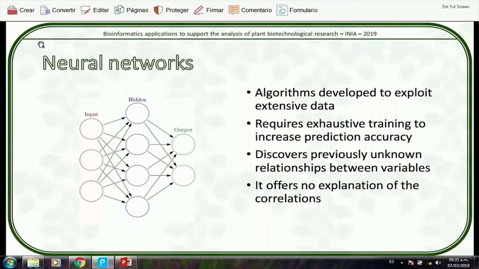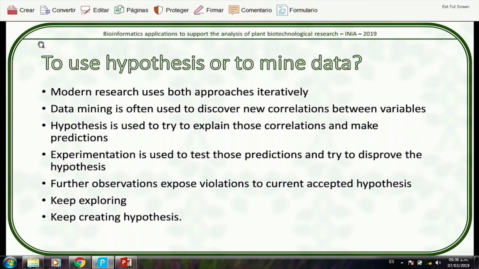And as I was telling you, it can discover previously unknown relationships between variables, but it offers no explanation of those relationships. That's up to us, the scientists, to create or design or think of a model that could explain those relationships. Now, whether to use hypothesis-driven research or data-driven research, that's up to you.